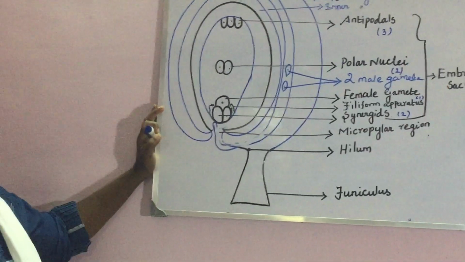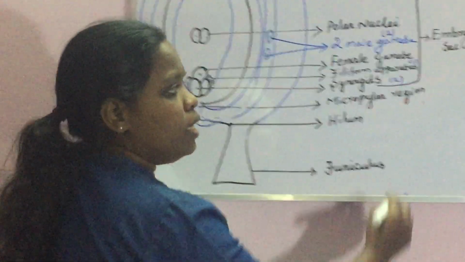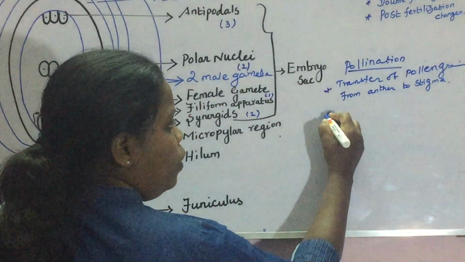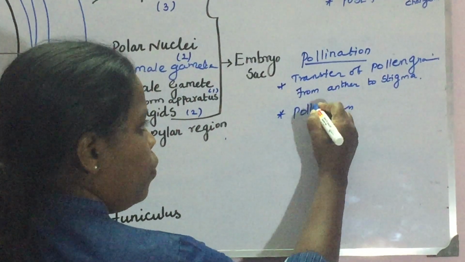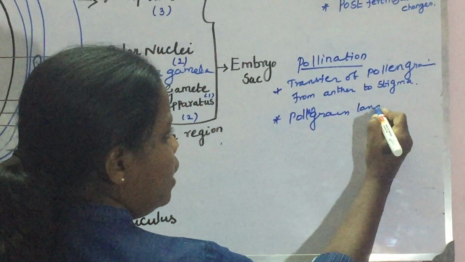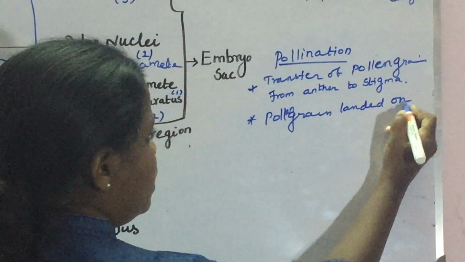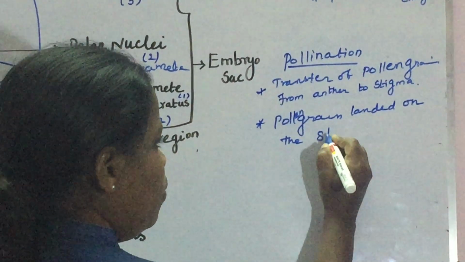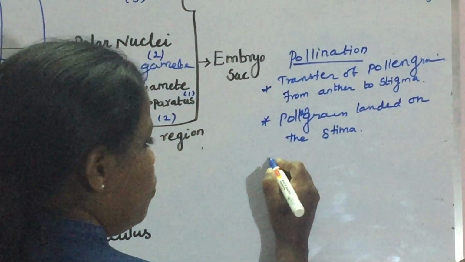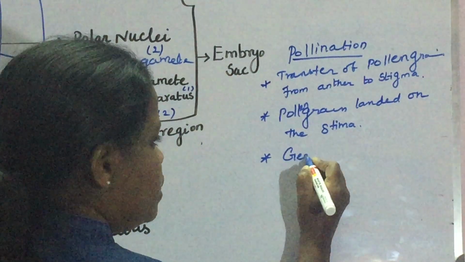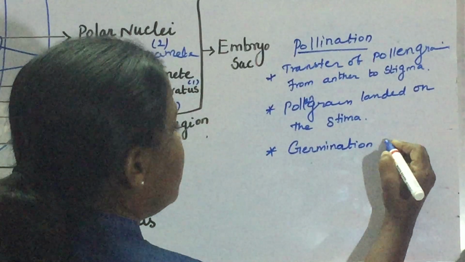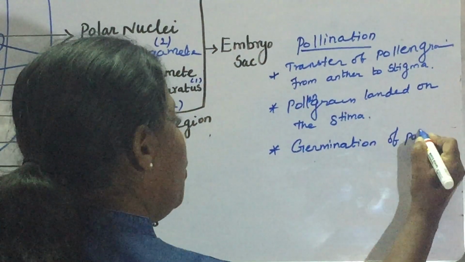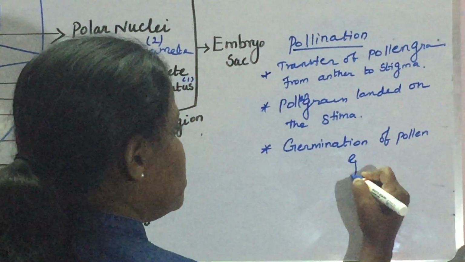After pollination, the pollen grains land on the stigma, then germination occurs. Germination of pollen grains.